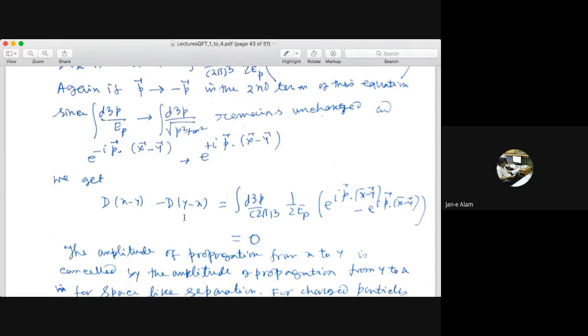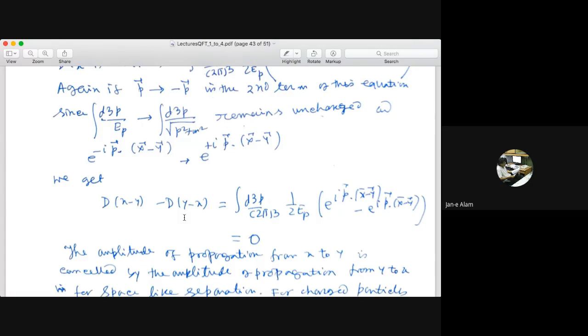So the quantization of the field, the Klein-Gordon equation, I have treated as a classical field equation, and when I quantized that classical field equation, I got the quantum theory of the fields, and there I see that causality is restored, which was a problem in non-relativistic quantum mechanics. There the propagation amplitude was non-zero for arbitrary value of x and y, and that was violating the causality.